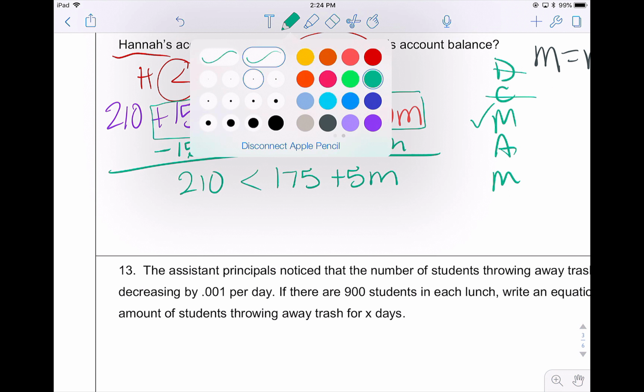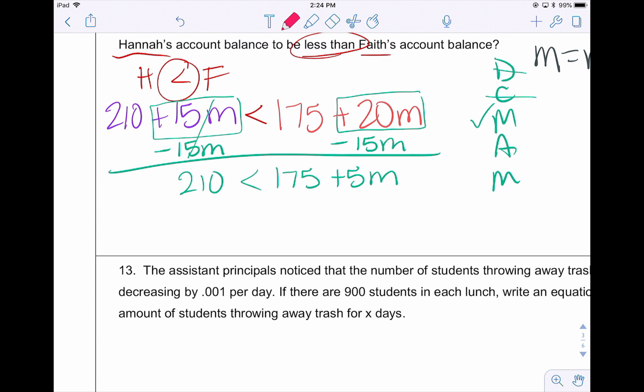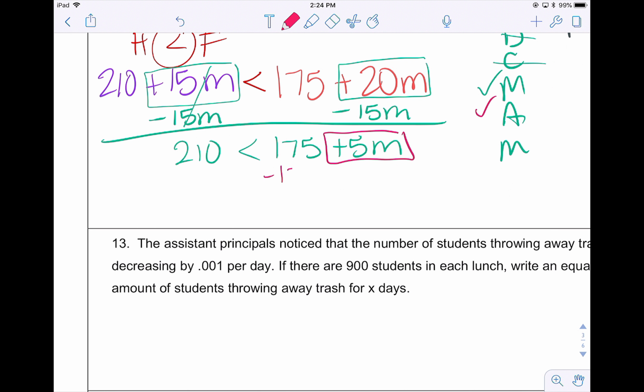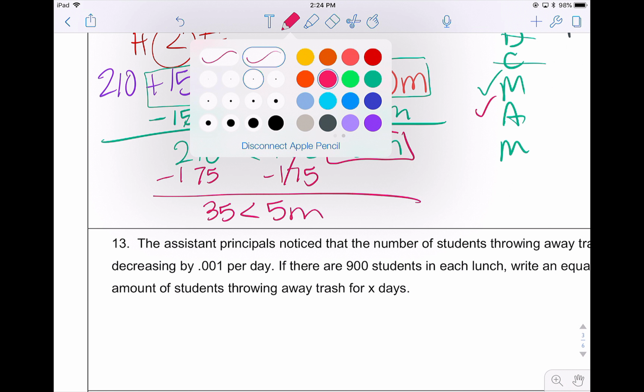So I've done my moving. I then box my variable and add or subtract from both sides. So I'm going to move the 175 because it's on the same side as M and outside of my box. And I'm moving it through subtraction. So 210 minus 175 is 35, which is less than 5M.